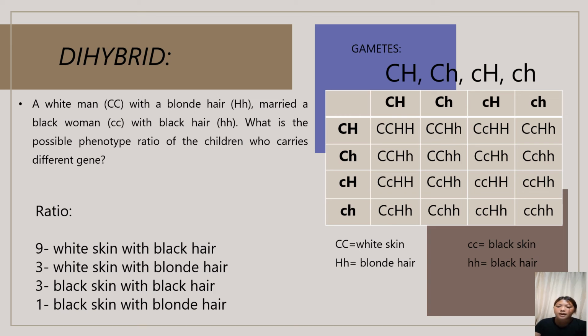And the blonde hair is a heterozygous trait, so it is capital H and small h. And the recessive trait is black hair, which is a double small h. We came up with a ratio of 9 white skin with black hair, 3 white skin with blonde hair, 3 black skin with black hair, and 1 black skin with blonde hair.